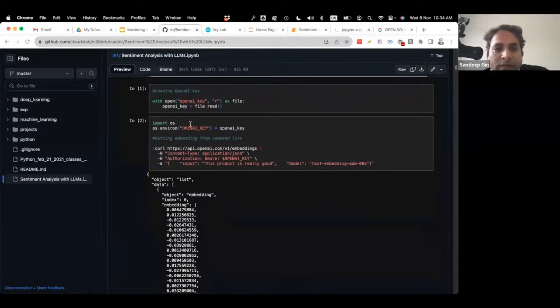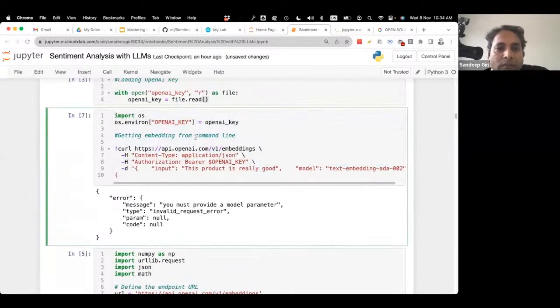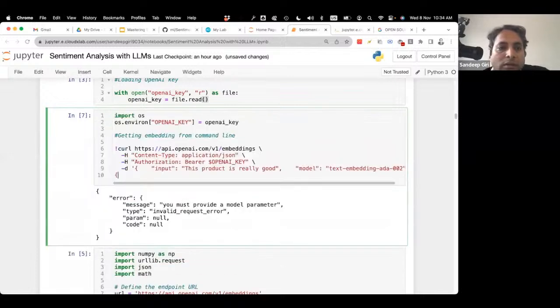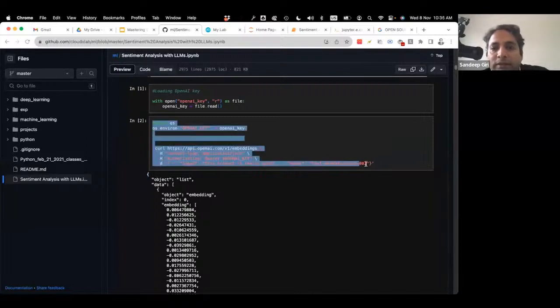Let me see. F5. Okay. Oh, what happened here? Oh, I copied this curly bracket also.